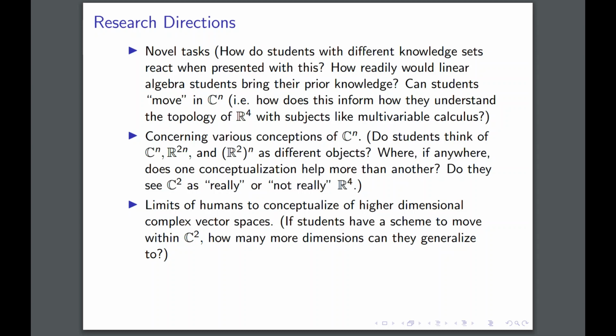And the question then is, can humans add as many vectors as they want and keep their conceptual schemes the same, or can you overload them by adding quote-unquote too many dimensions? And then if so, what is the limit of their cognition there?